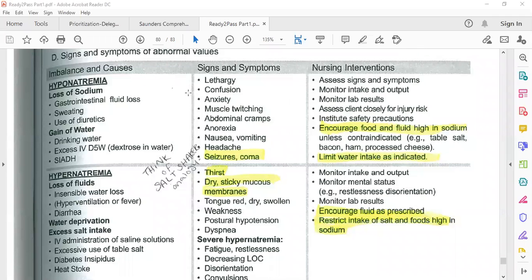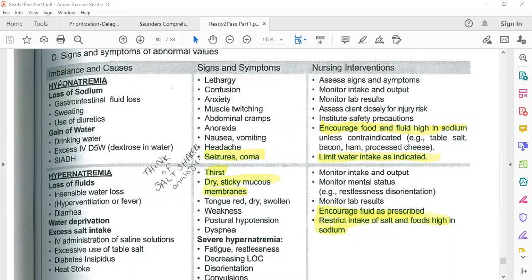Here we are going to talk about the signs and symptoms of abnormal electrolytes, or electrolyte imbalance. The first one is sodium. First of all, we have to know the normal sodium level and the normal body function of sodium.